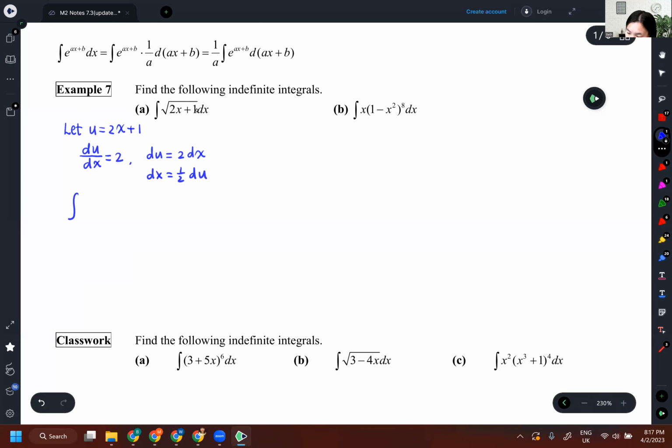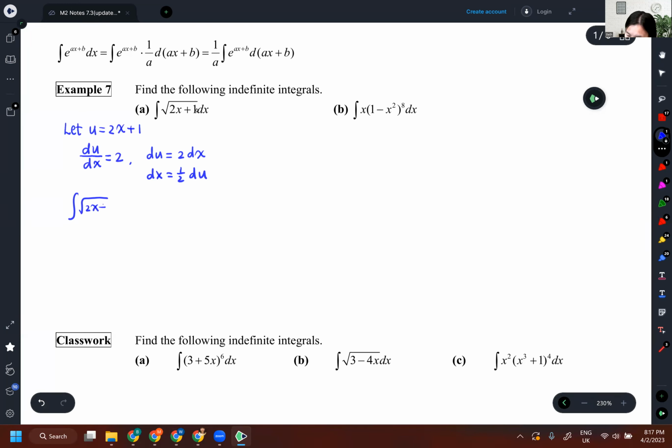So this integral root 2x plus 1 dx now is equal to root u times 1 over 2 du. Now I highlight the part that I changed. This one is root u, and dx is 1 over 2 du.